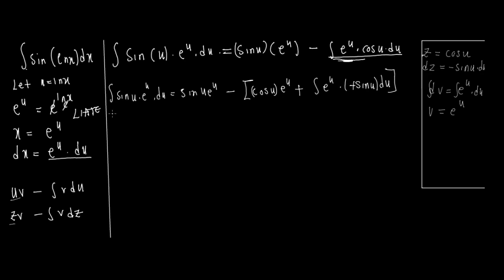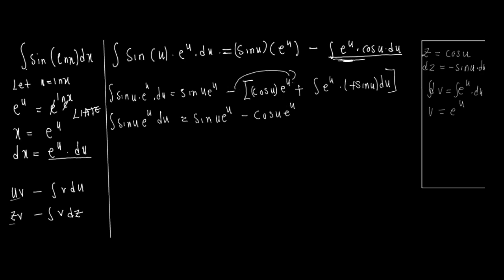So I'll have the integral of sine u e to the u du, which is equal to sine of u e to the u, and when we distribute the negative there, we'll have minus the cosine of u e to the u.